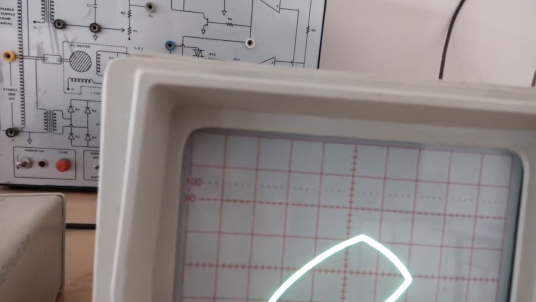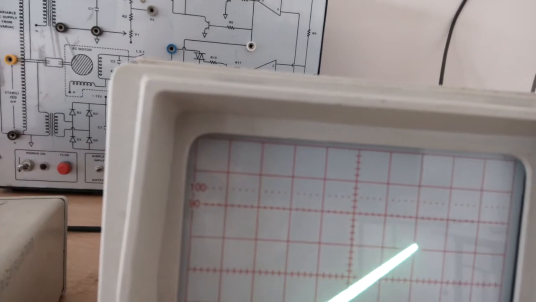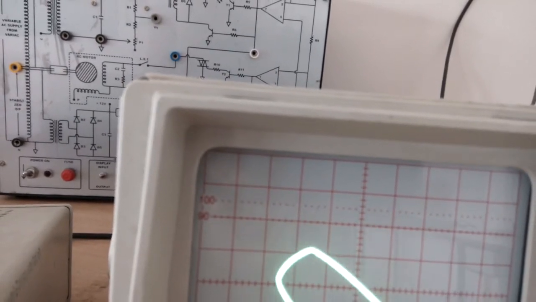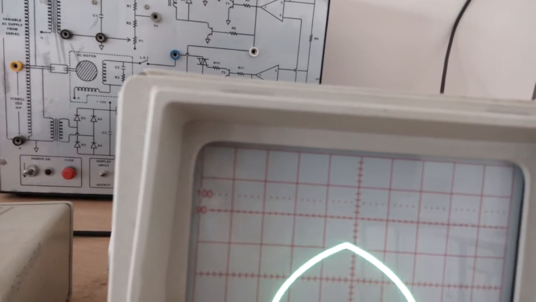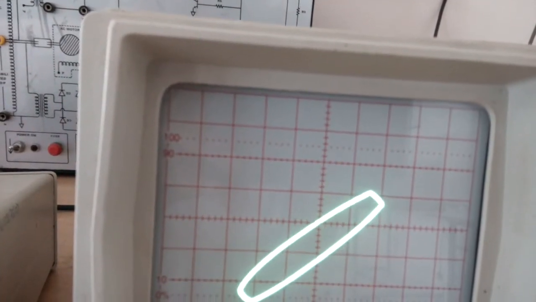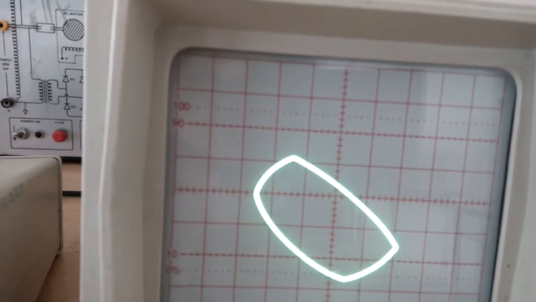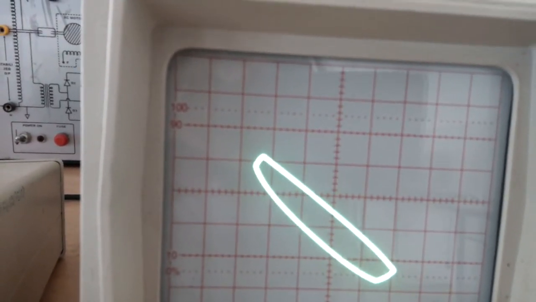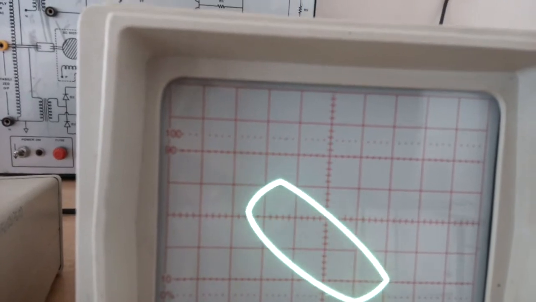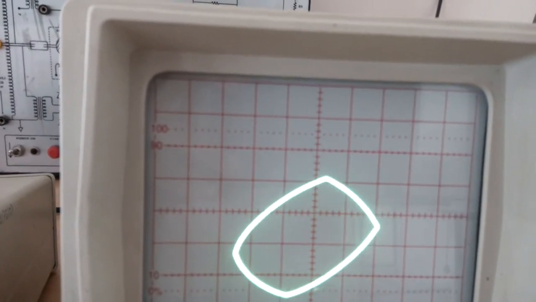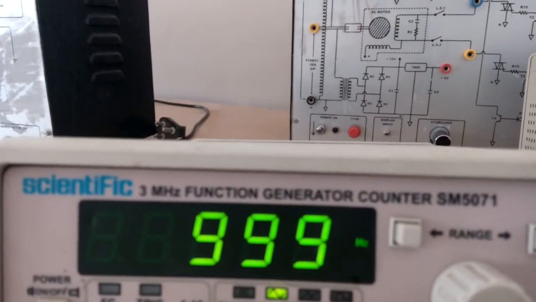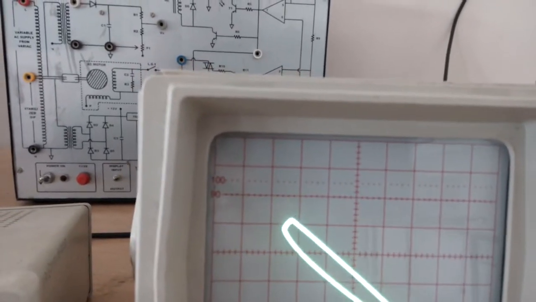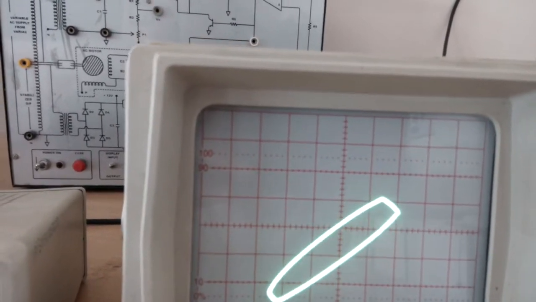So Fy upon Fx equal to 1 upon 1, that is we get the Fy, that is vertical frequency, equal to 1 upon 1 into Fx, that is a standard frequency which was 1000. So we get Fy equal to Fx. Here we can see that the frequency at this signal generator is also 1000. So we get the unknown frequency, that is the vertical frequency, equal to 1000.